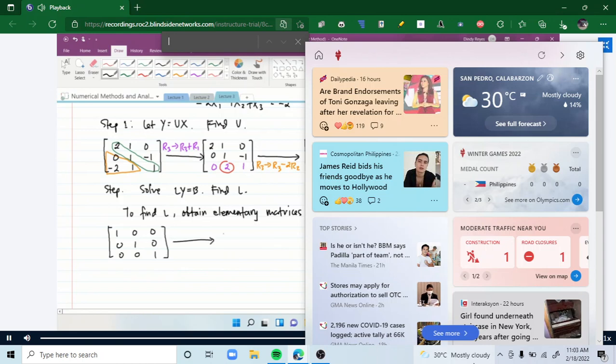Then we can obtain one elementary matrix by performing the same elementary row operation that we performed in step 1, R3 plus R1. Take note that only one entry will change from the identity matrix, in the third row, because we are changing the third row. So the first and second rows will remain.